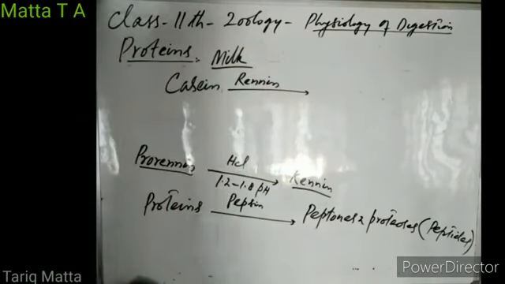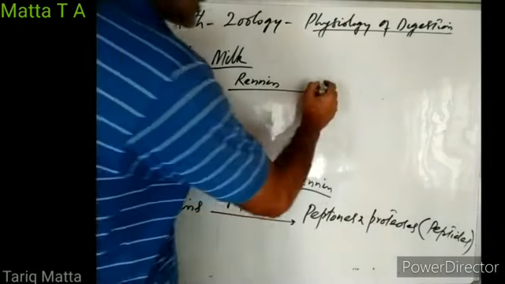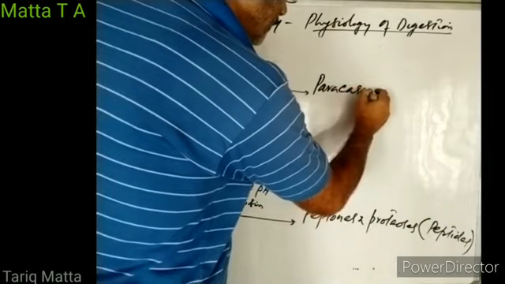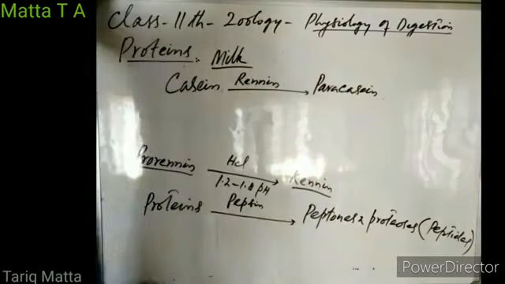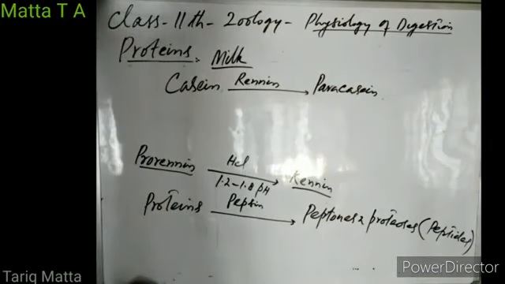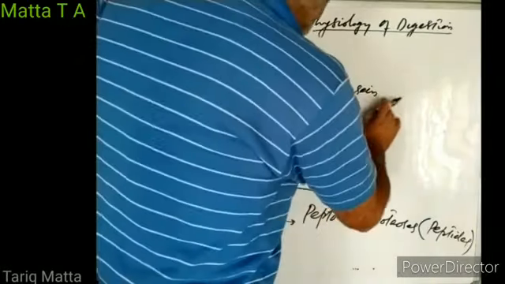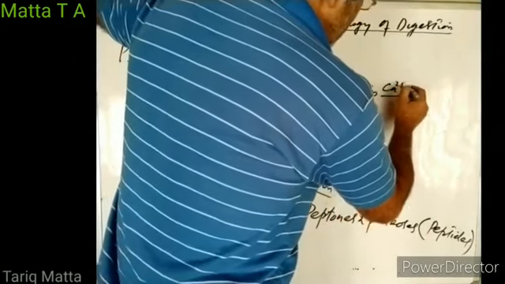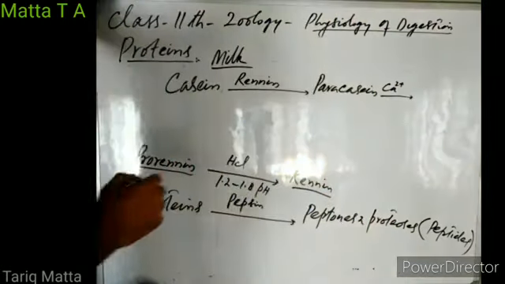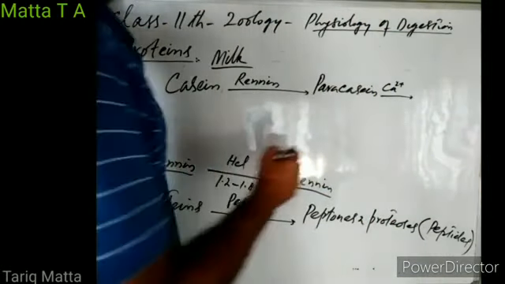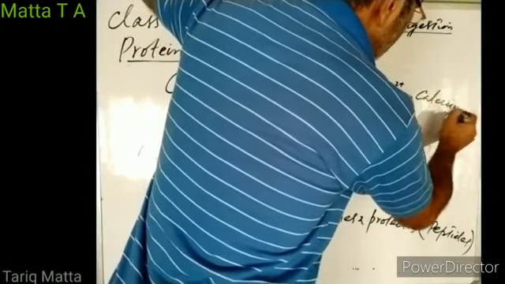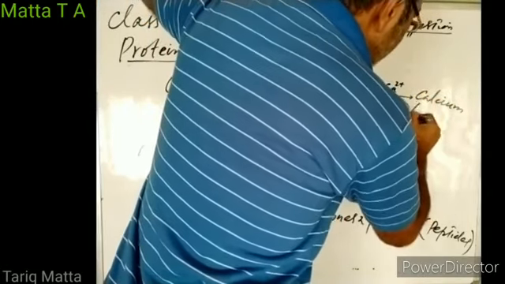This casein of milk is acted upon by renin. And renin converts this casein into paracasein. Then this paracasein gets precipitated in the presence of calcium salts, and it changes into calcium paracasein.